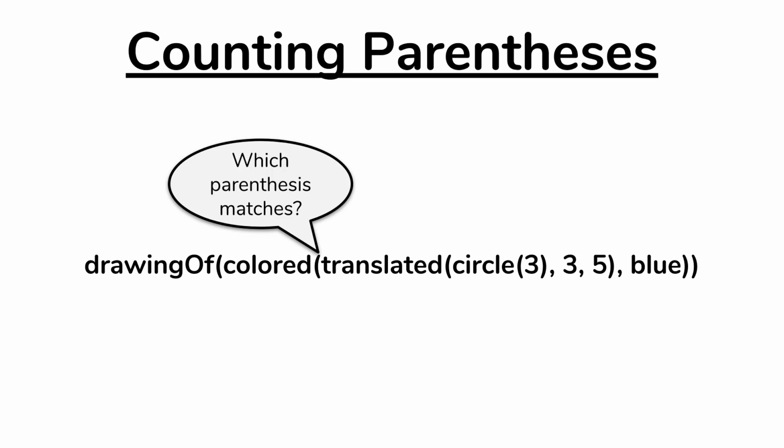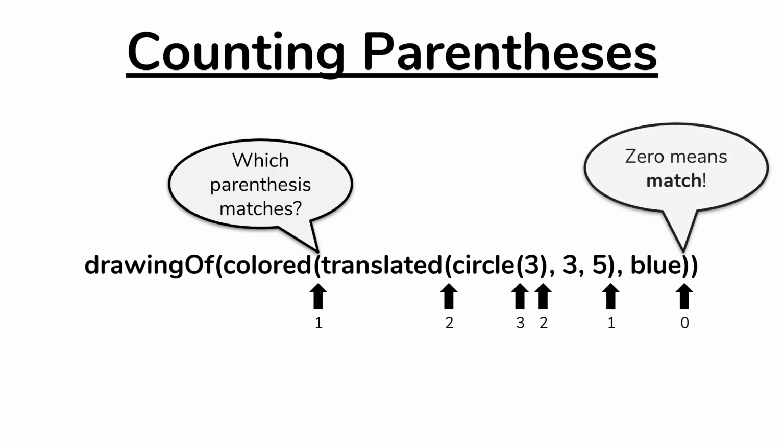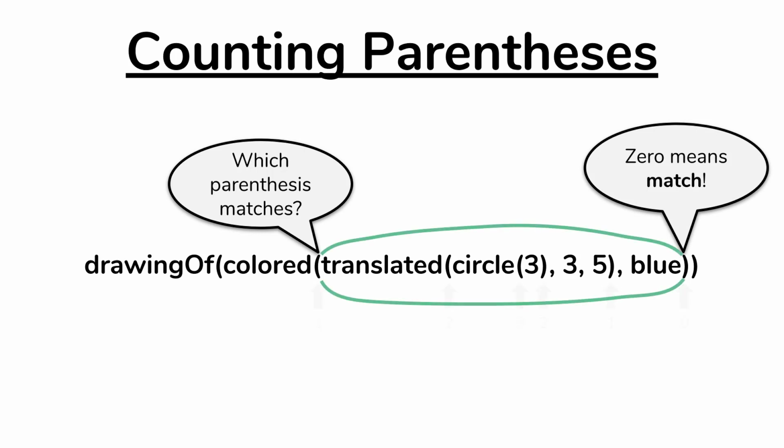And every time we see an open parenthesis, we'll count up by 1. So this parenthesis is 1, then 2, then 3. Every time we see a closed parenthesis, we'll count down by 1. So we're back to 2, back to 1, and then down to 0. When you reach 0, that's the parenthesis that matches the one you started with. 0 means match. So we can connect those parentheses to recognize the colored function and its arguments.